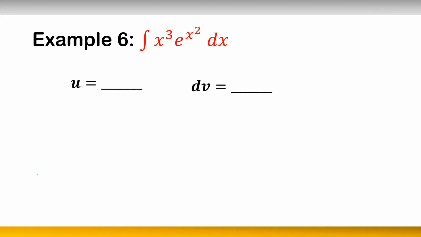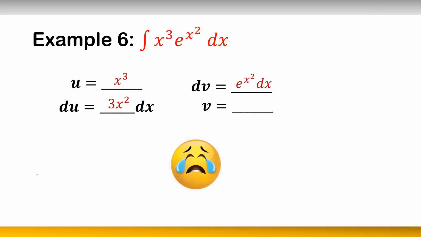Ayan, so balik tayo sa ating template using integration by parts or IBP. This will be x cubed. This is 3x squared. Pag nag-dv tayo, that is e to the x squared. Kaya lang, again, pag nag-let u tayo, ito yung ile-let u. We can imagine this as our u.